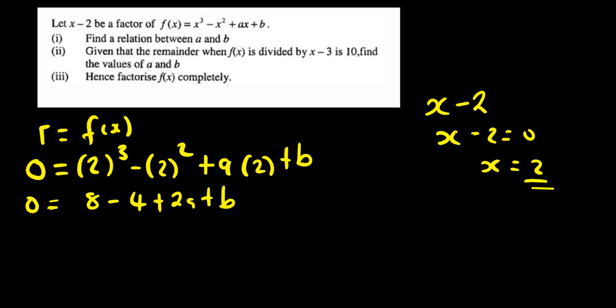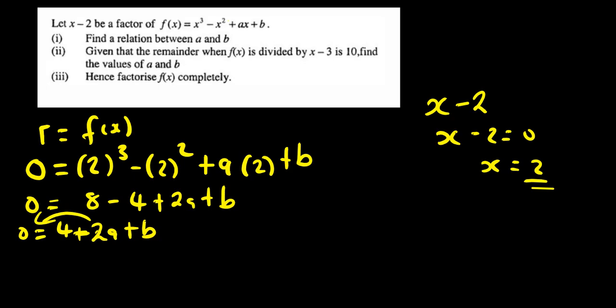In this case, what are we going to have? Your 8 minus 4, that is 4. So we've got 0 equals 4 plus 2a plus b. If we make b the subject, these two go to the other side and they become negatives.